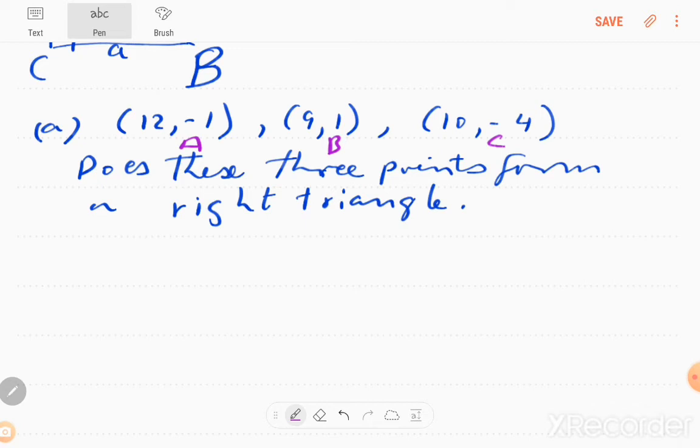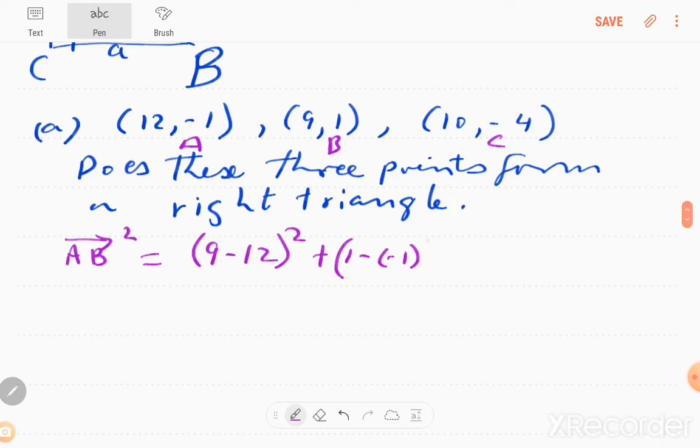So we could look at the distance from A to B squared. A to B squared means that we do not have to bother with the square root sign. So we could just go ahead and say 9 minus 12 squared plus 1 minus minus 1 squared, and see how much that comes up to.